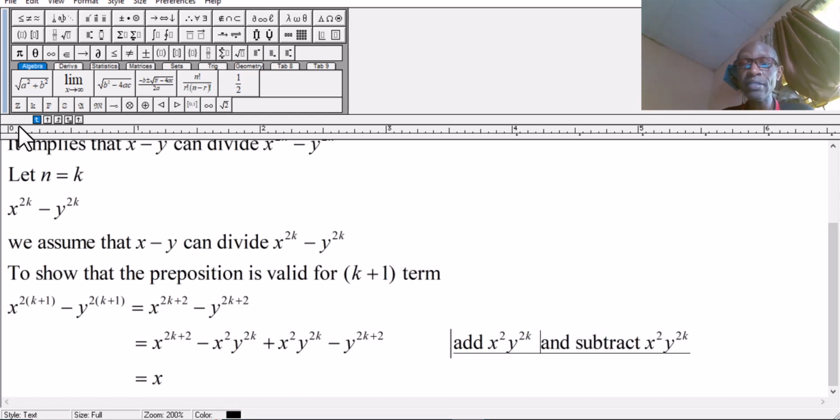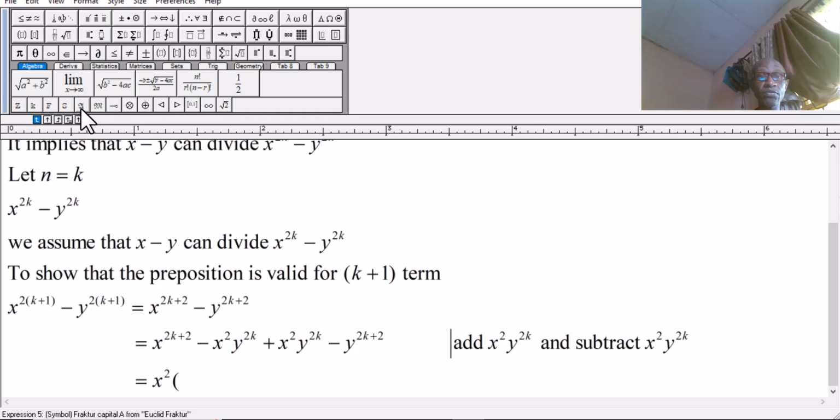I've added this and I also subtracted this. So if you look at it, we have not altered the equation. The next thing for us to do is to factorize. x raised to the power of 2 is common.